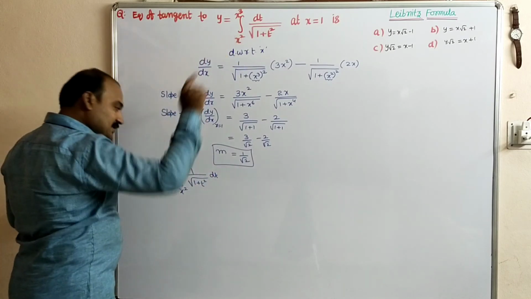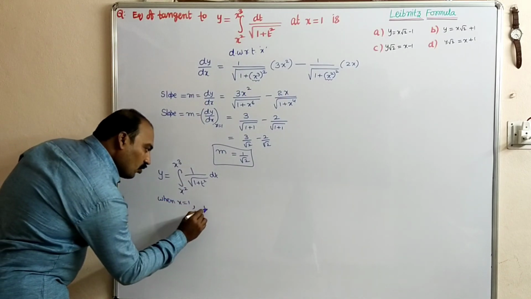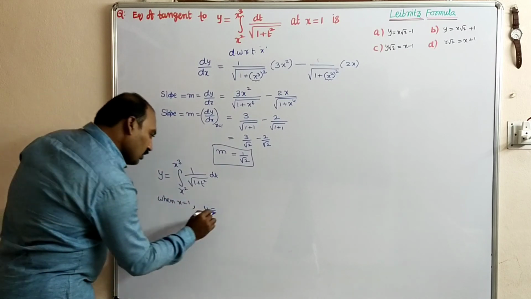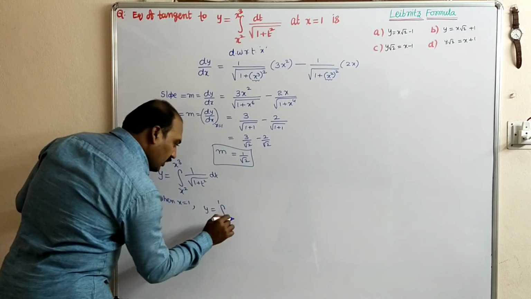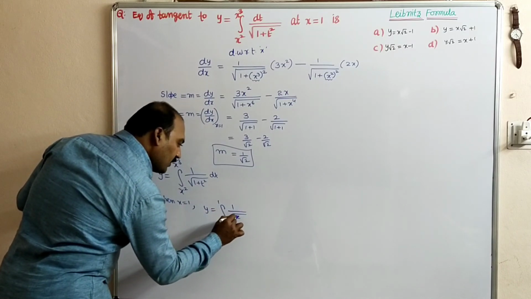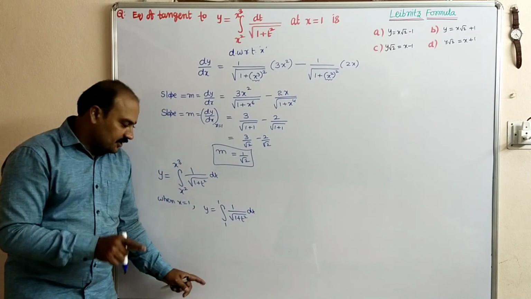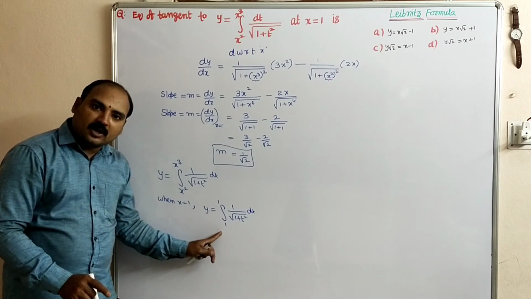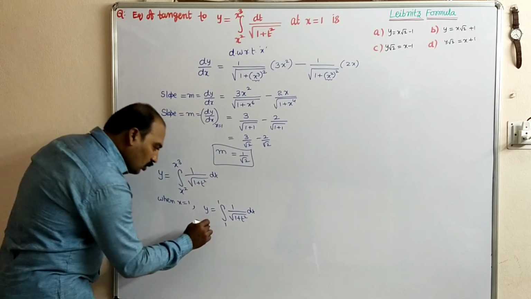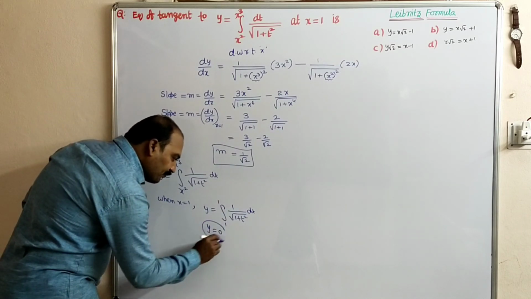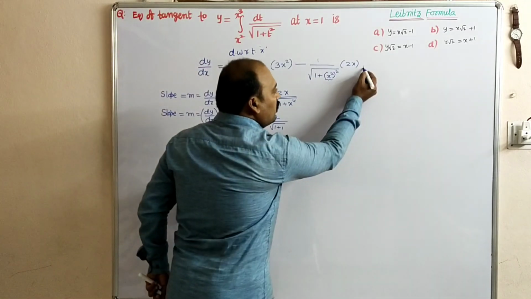The y value when x is equal to 1: y equals integral from 1 square to 1 cube, 1 to 1, of 1 by square root of 1 plus t square into dt. You remember that in definite integration, when the limits are the same, upper limit equal to lower limit, the integral value goes to be 0. So now y equal to 0. So x value 1 and y value 0. That means we got the point.